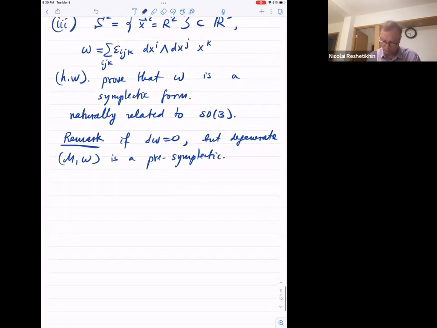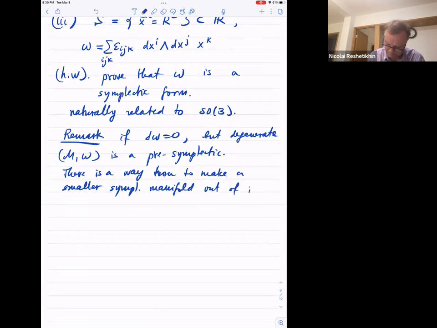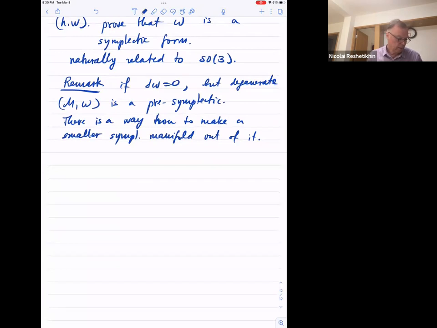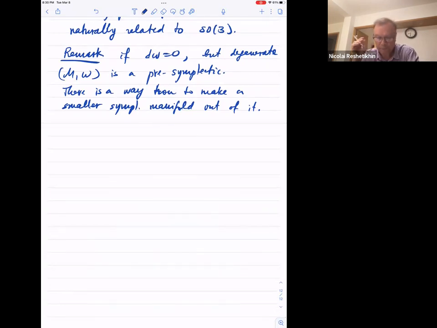There is a way to make a smaller symplectic manifold out of it. We will discuss it later. No questions?